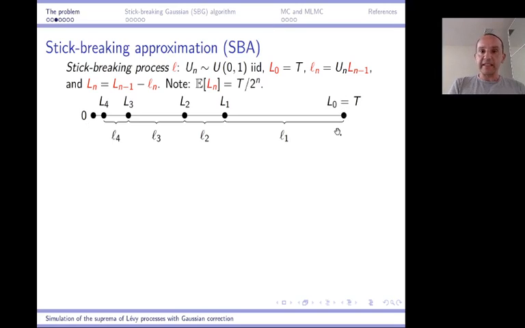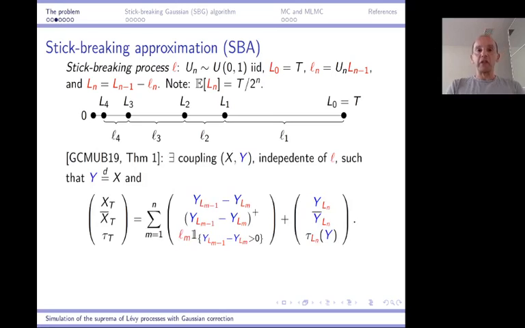It starts at capital T, and then you sample a uniform between 0 and capital T, say capital L1, and the first stick length is little l1. Then you repeat this procedure recursively on a smaller interval from 0 to l1. You can see in this picture, after 4 steps, the interval that's left is very small, from 0 to L4, and that's no coincidence because the expected length of the interval decays geometrically, an important feature of all that follows.